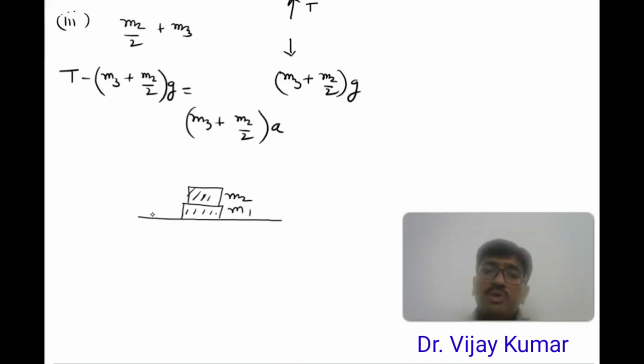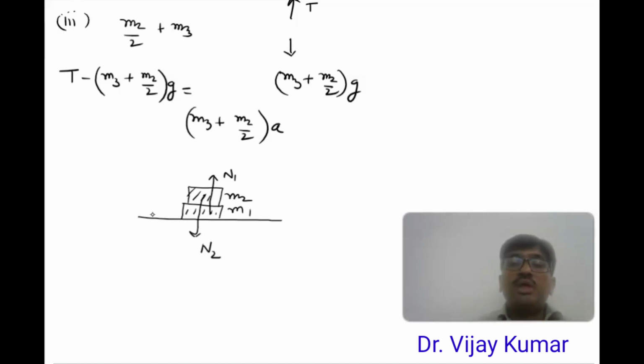Due to m2, a force acts in this direction, which we can call n2, and due to m1, a normal force acts in this direction, n1. n1 is in the upward direction and n2 is in the downward direction, and a weight works in the downward direction.